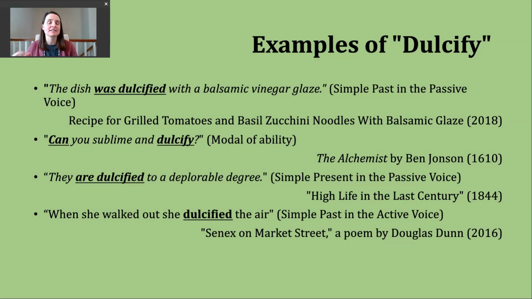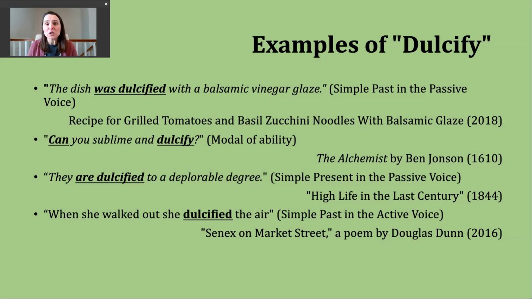I can tell that because I see a past form of be, which is was, and then I see the participle form of the verb. Now, this particular sentence is tying back to that idea of sweetening, right? And that might be clear because the example comes from a recipe. Many online recipes, I have found through a little investigation, do use this word to note when something is being sweetened.